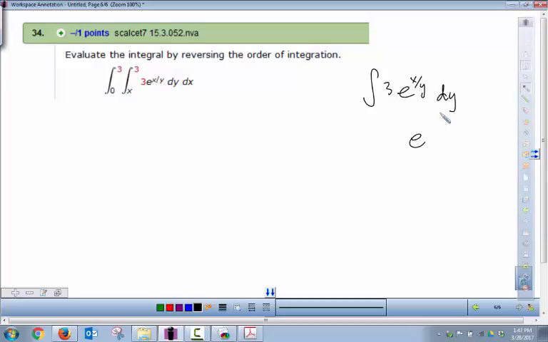Why? Because x is a constant, right? So if x is a constant, we just ignore that, pretend it's 5 or pretend it's 1, and we're really integrating this, e to the 1 over y. And if you look at any integral book, there's no antiderivative for this.